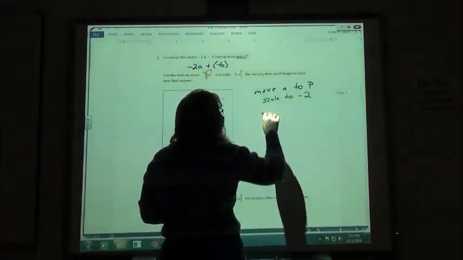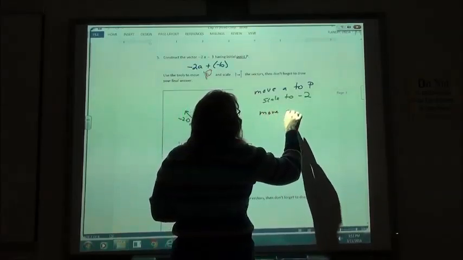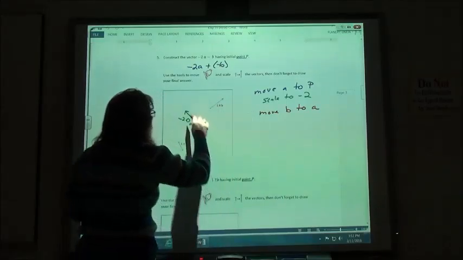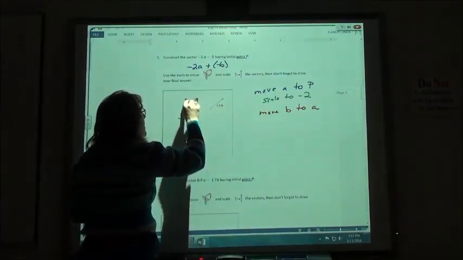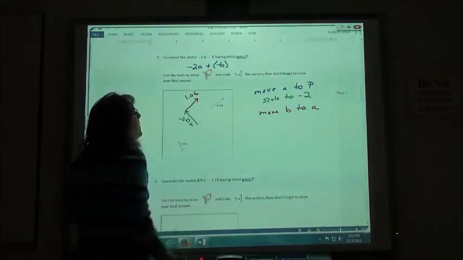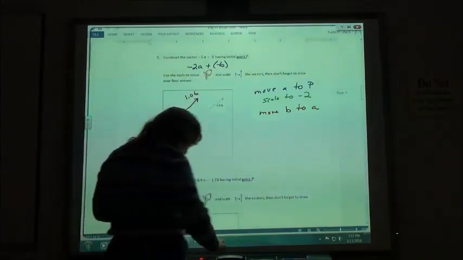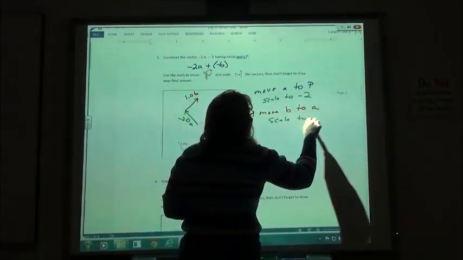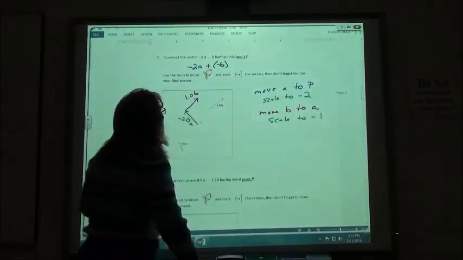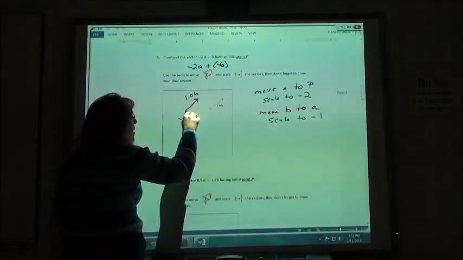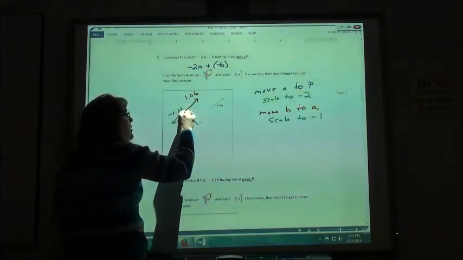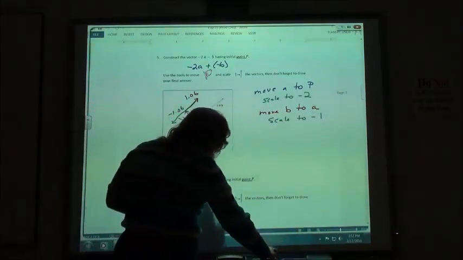Then I'm going to move B to A. So B is going off this way, 1.0B, but I want it to be negative B. So scale to negative 1. So again, I'm going to push this backwards. It's going to end up being the same length, just going in the opposite direction.